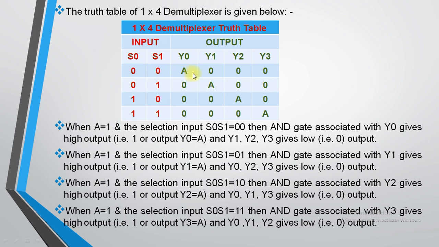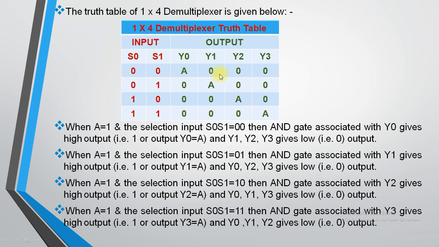So consider the first case, in which Y0 equals A. The values of Y1, Y2, Y3 are 0 for the first case. So you can write that output variable Y0 equals A if S0 and S1 equal 0, 0.